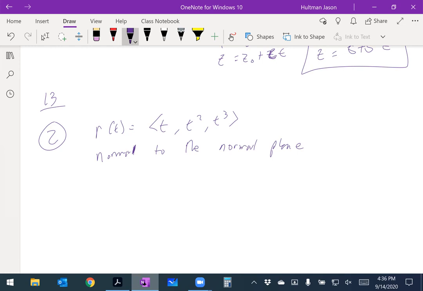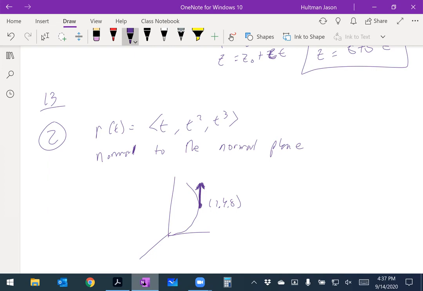Let's look at a space curve on X, Y, Z axes. We've got this space curve, and at the point 2, 4, 8 we have a tangent to this curve.